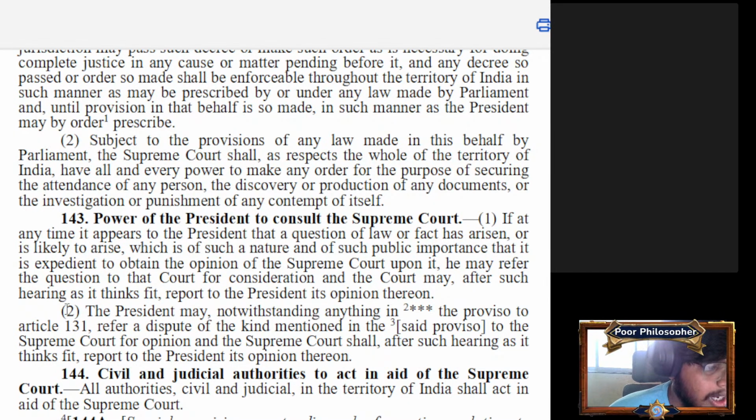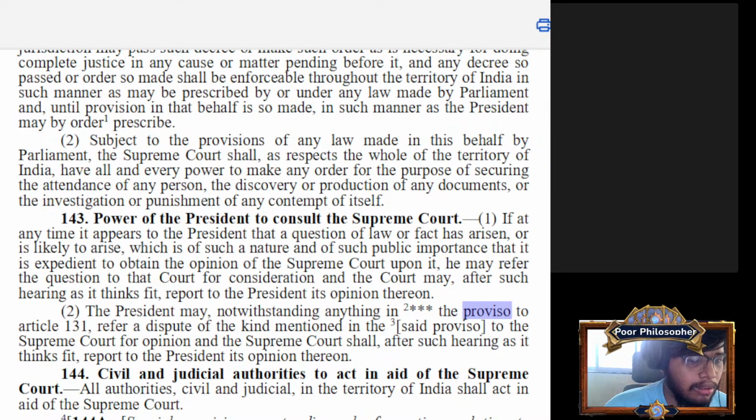Clause 2 of Article 143. The president may, notwithstanding anything in the proviso to Article 131, refer a dispute of the kind mentioned in the said proviso. I think there is a word mistake or this PDF's mistake. I don't know, man. I think this is proviso. Wait, I want to see.